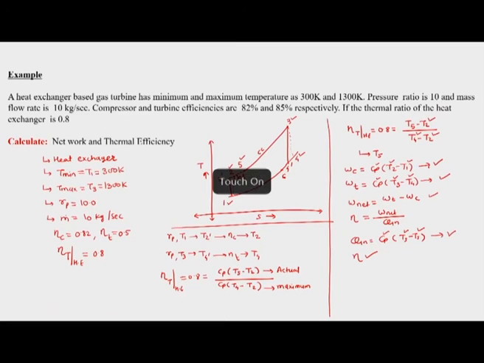So what we have to do is, in this case, first draw the cycle and then mark what are the known things. Then we have to first use isentropic relations to find out the properties of the ideal cycle corners.